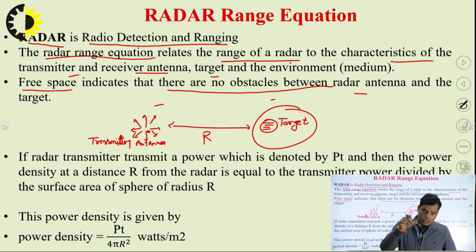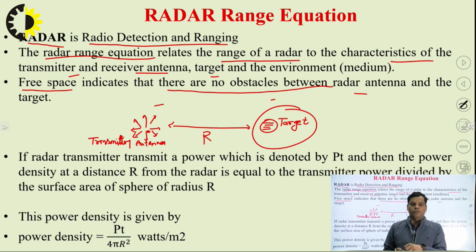Then it will absorb some power, and some power will be reflected back from this target in all directions, and re-radiated back towards the antenna side. At the receiver end, the receiving antenna has the capability to detect these reflected waves or received signals.